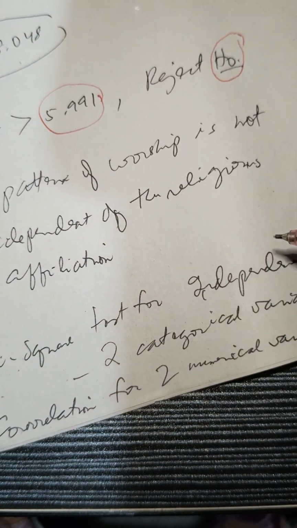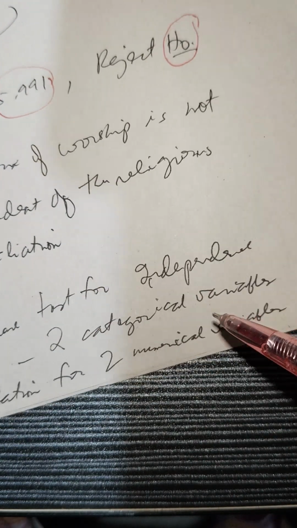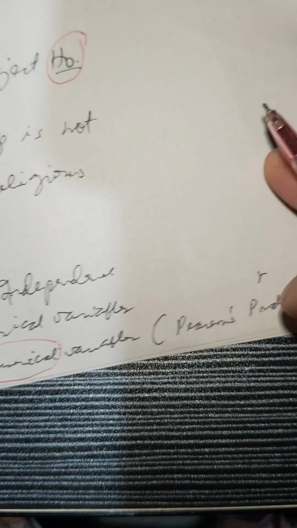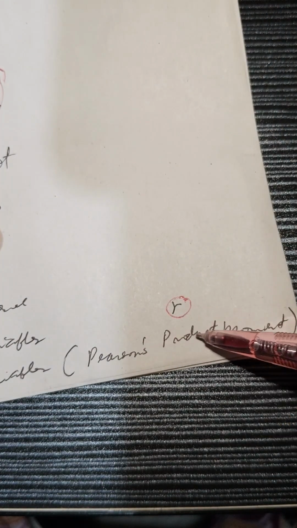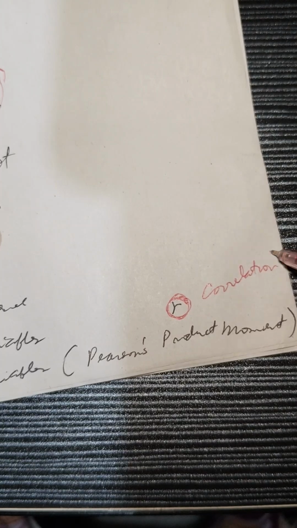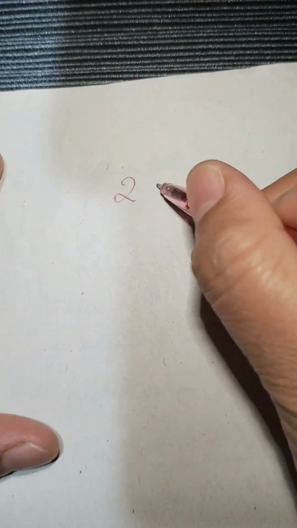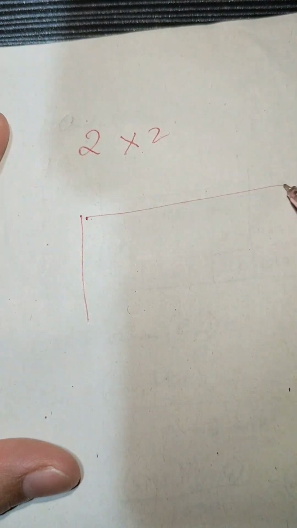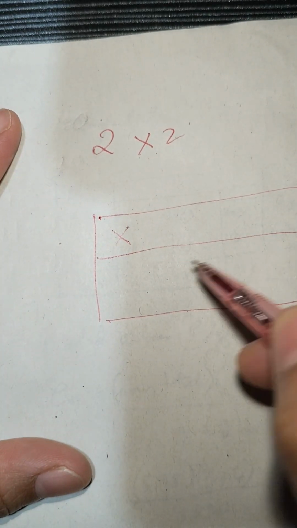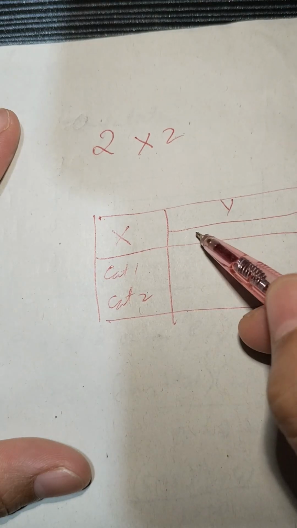So, let's have a summary. The chi-square test for independence is used when you test the relationship of two categorical variables. When your variables are numerical, we use the Pearson r, the Pearson product moment, which we discuss in the topic about correlation. Now, there is a special case of a chi-square table: when it is 2 by 2, meaning your row has two categories and your y has two categories.